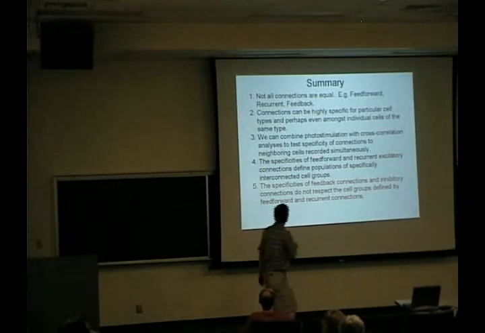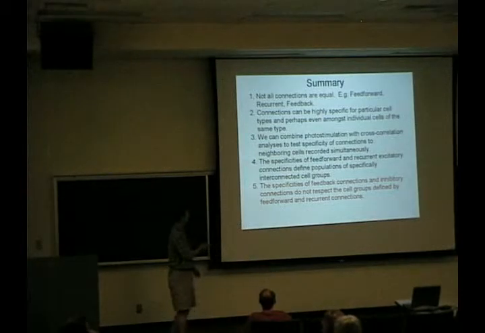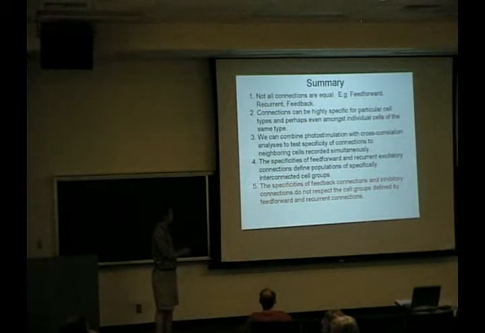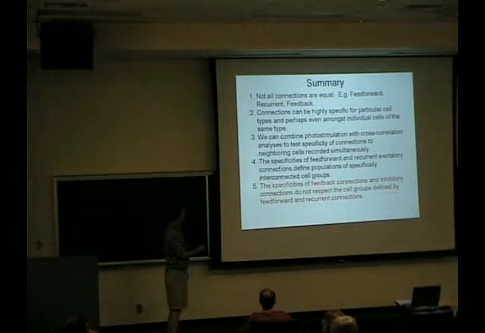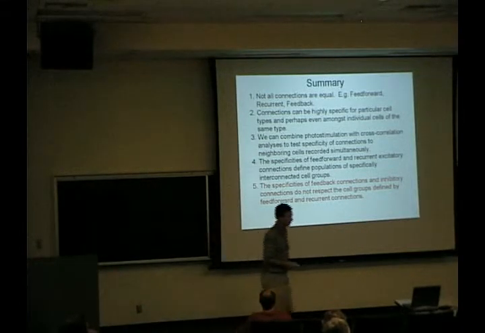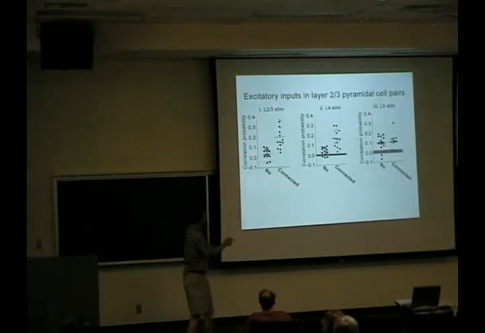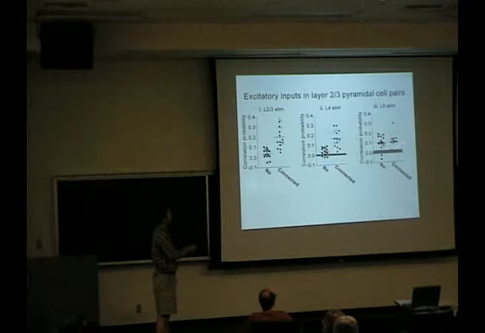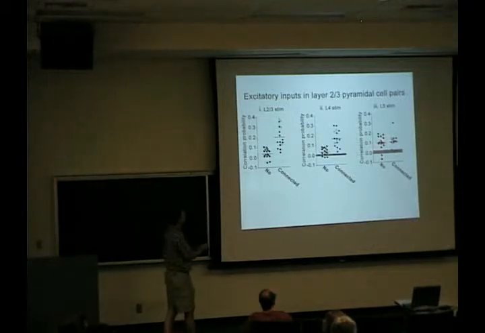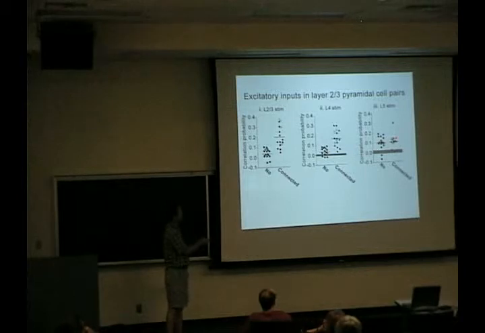So the feed-forward and recurrent excitatory connections define populations of specifically interconnected cell groups. Well, the feedback connections and the inhibitory connections turn out to not respect those same cell groups. And you already saw this data. When we look at layer 5 input, we see that the correlation probabilities are high or moderate, but there's no difference between connected and unconnected cell groups.